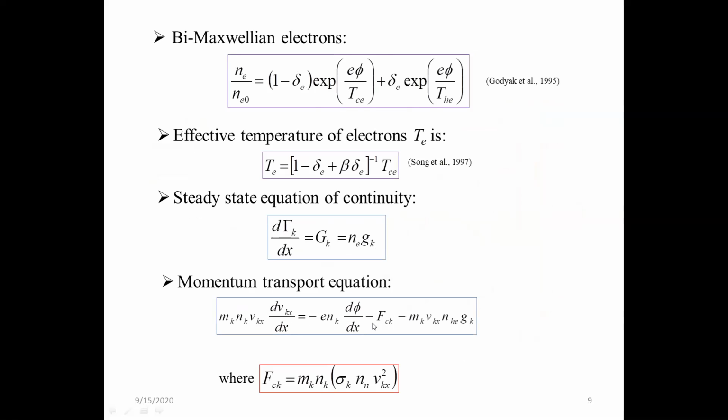Here the collision force is given by this relation, and the collision frequency is velocity dependent. Before this, there were many previous works on collisional plasma with multiple ion species. They took the collision frequency as constant, but here I take the collision frequency to be velocity dependent.